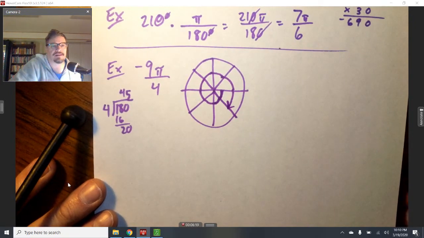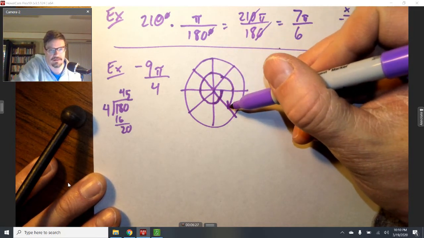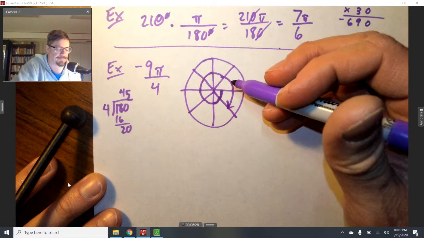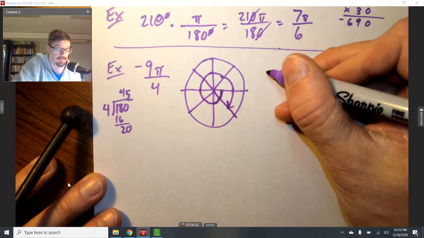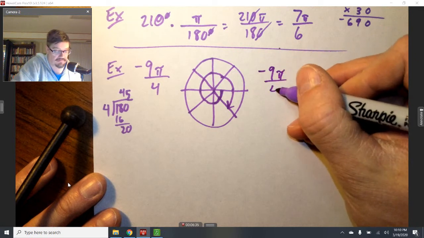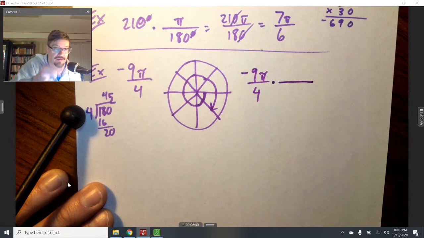But it still does not convert it. I know it's going to be over negative 360 now because it's clearly over that. So I broke it down into pi over 4 partitions and just counted my way around it. But if I'm a formula kind of person, I want to now get rid of the pi and introduce degrees.